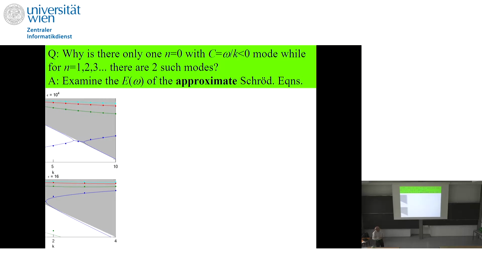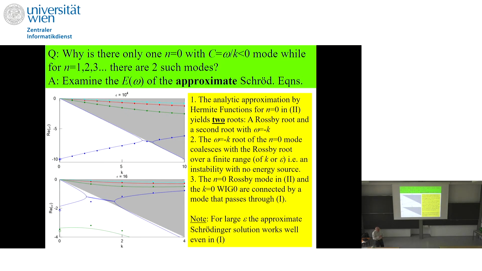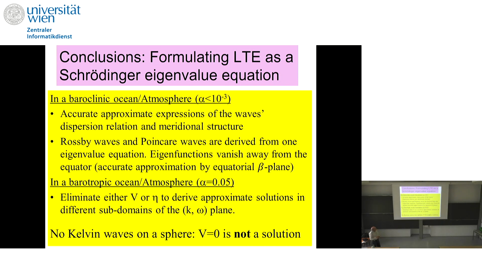Okay, I think that's what I wanted to show you, the MRG mode, which on a sphere you can more easily understand what's going on. And just to conclude, what I told you was that for small values of this alpha, we can get accurate expressions.